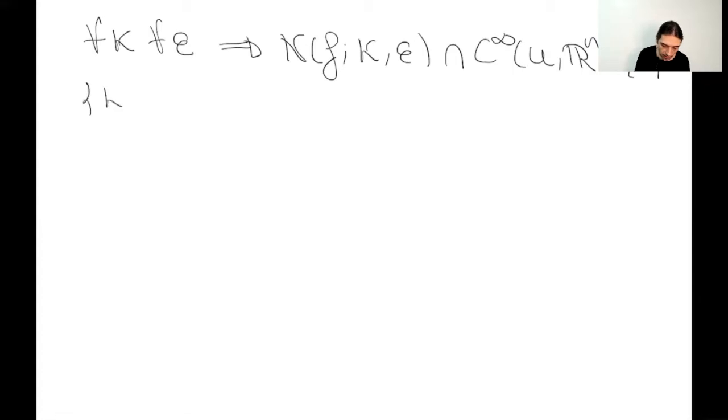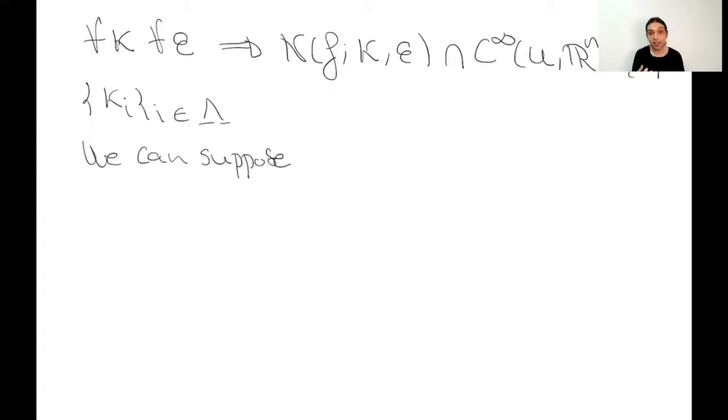So again, K is a locally finite family of compact subsets of U, but we can suppose that the family is indeed a cover of U. We can suppose that the union of the Ki is indeed the whole U. This can be obtained, for instance, by considering more compact sets.